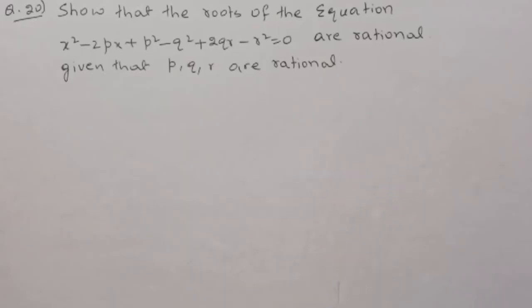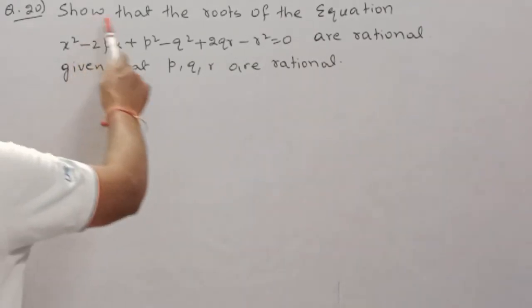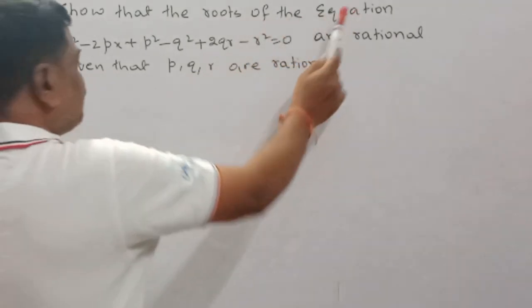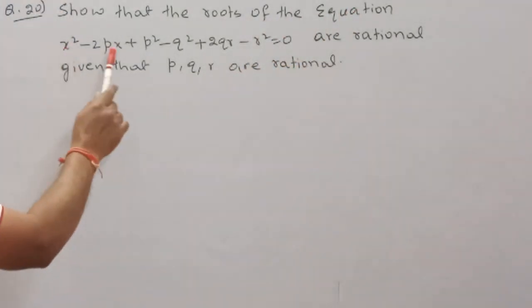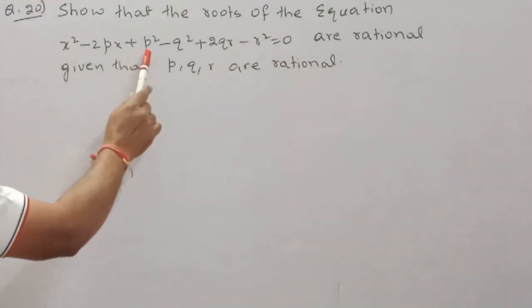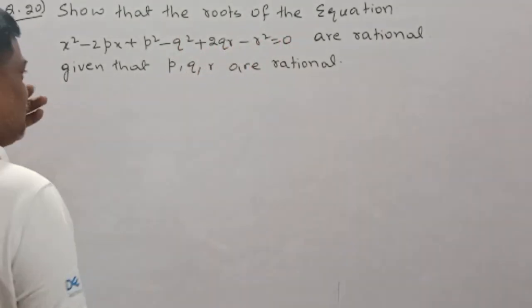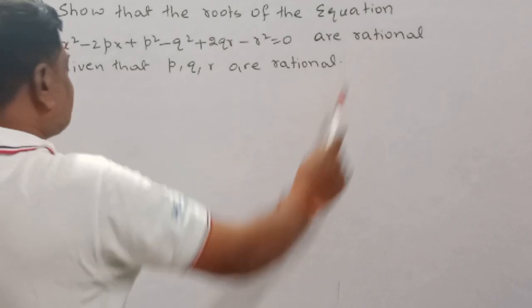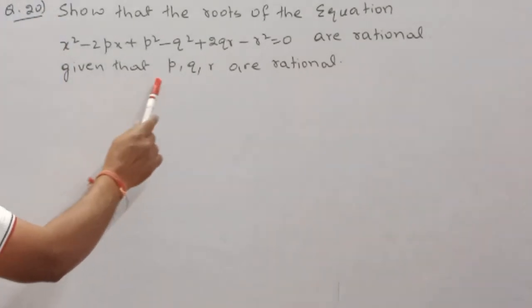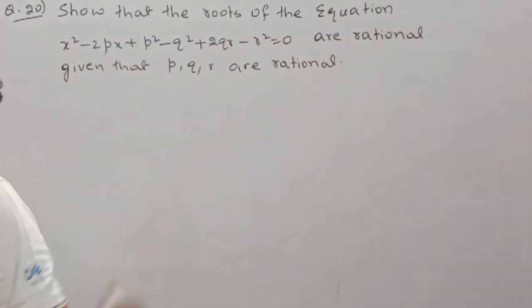Here one more problem from quadratic equation is given. Show that the roots of the equation x square minus 2px plus p square minus q square plus 2qr minus r square equal to 0 are rational, given that p, q, r are rational.